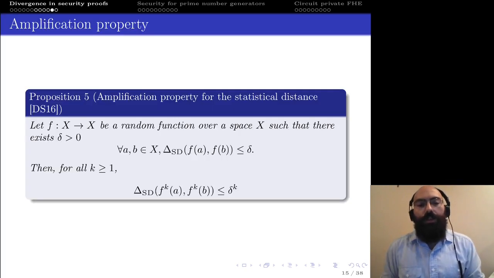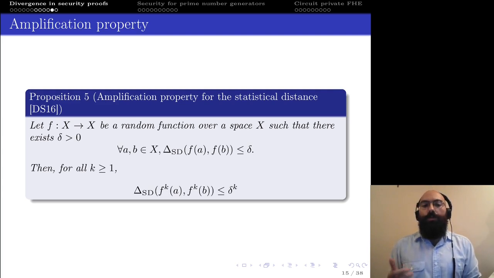More precisely, in a paper of Ducas and Stehlé in 2016, they showed an amplification property for the statistical distance. The idea is that if you have a random function and you can bound the statistical distance for any 2 points, then when you iterate this random function, you amplify the statistical distance.